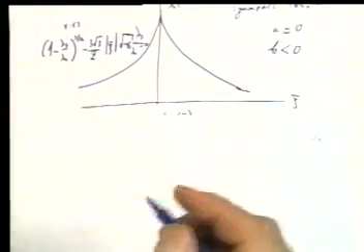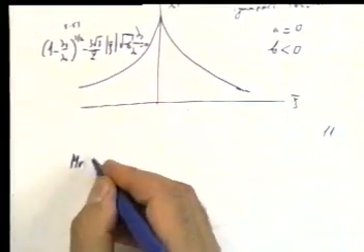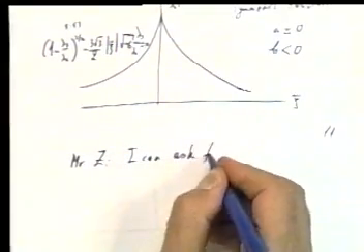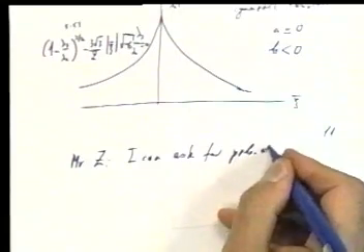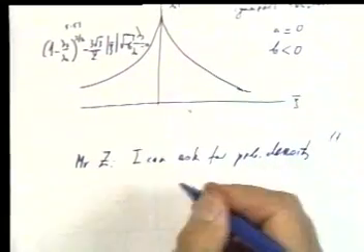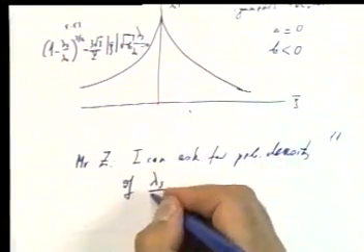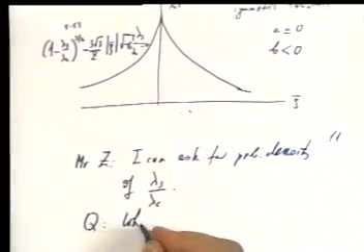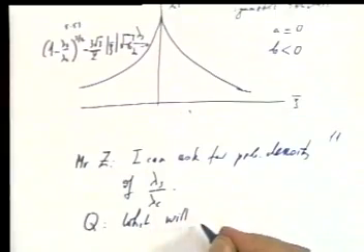So Mr. Zingales says I can ask for the probability density of lambda static over lambda classical. Question: what will you do with this?